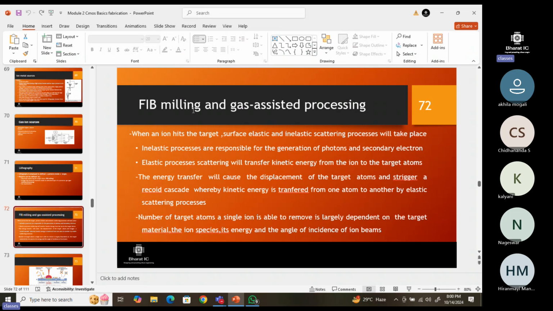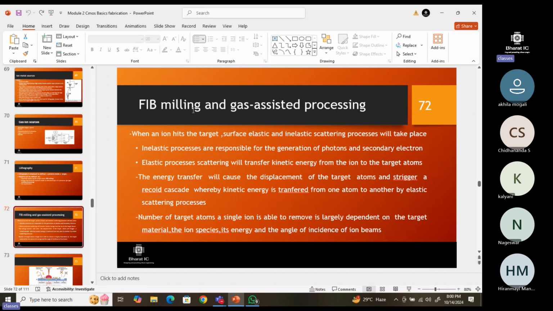When an ion hits a particular target, like our wafer in our case, elastic and inelastic scattering processes will take place. Inelastic processes are responsible for the generation of photons and secondary electrons.